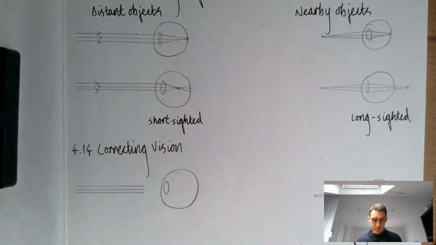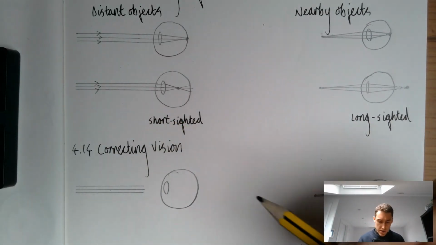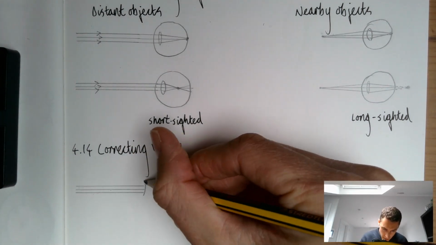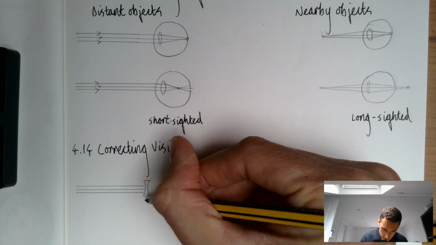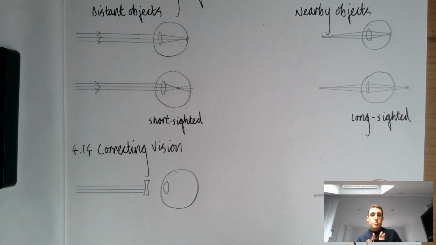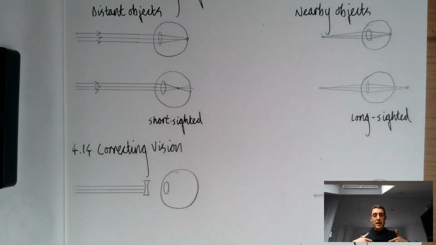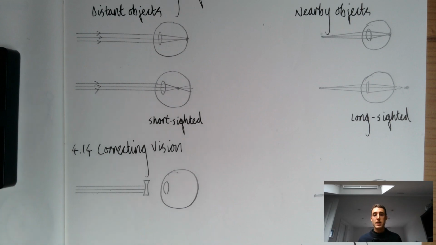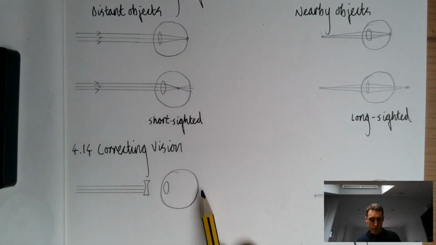But what we can do is say, well, okay, we've got this lens which is a bit too fat, like this. So what do we need to do? Well, we need to put some sort of lens in here. In this case, what we call a concave or a diverging lens, which is actually going to spread the light rays apart, in essence, to give this fat, overly powerful lens more to do. It needs to do more refraction, and therefore that's going to push the focal length back.